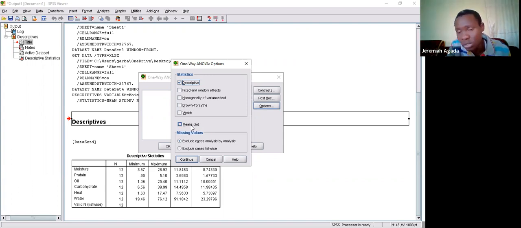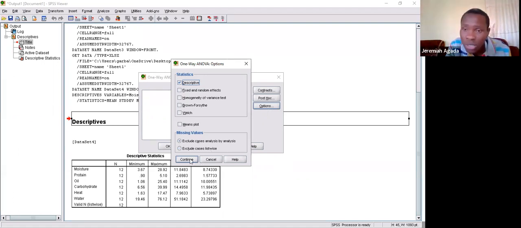So for the means plot, you want it to show you whether your data is evenly collected. That's the essence of that. So you can check that. And then how do you want it to be? Should it be case-wise or analysis by analysis? Most times you can take analysis by analysis. You can take listwise to just list all your results for you, but most times analysis by analysis is better.